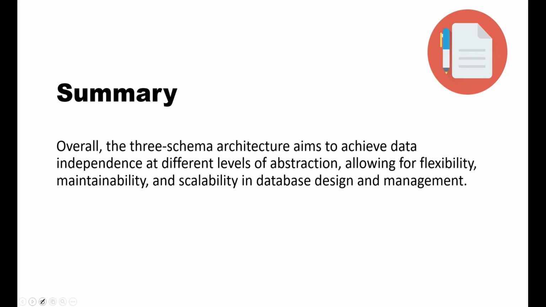And summarizing it, overall the three schemas that we have seen, that is external, conceptual, and internal, which we call the three schema architecture, is aimed to achieve data independence at different levels of abstraction.